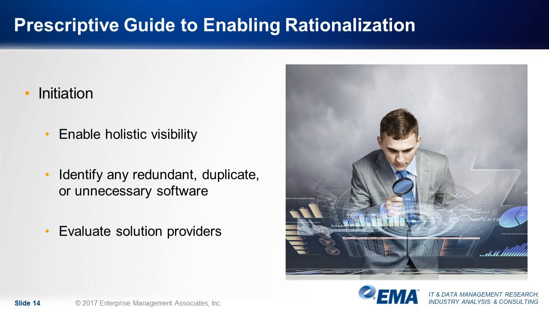Knowledge is the key to success in making informed rationalization decisions. So it is important at this very early phase to collect data on all applicable hardware and software assets that will be included in the project. Details on their configuration, performance, and usage will help enable holistic visibility of the relevant IT ecosystems. All this collected data should be centrally stored so it can be analyzed to identify opportunities for resource consolidation.